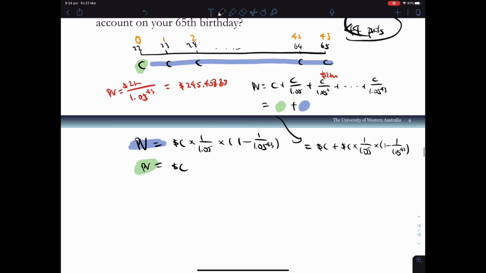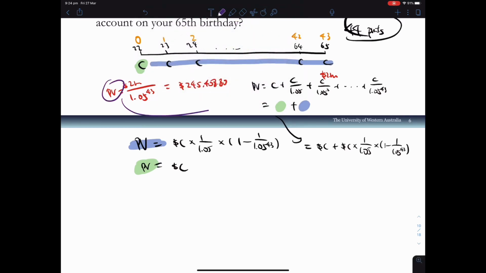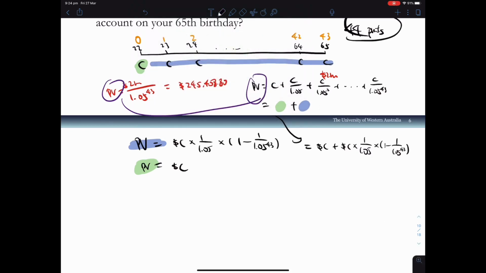And the rest is just to solve for C. So here we have an equation. We have this present value equaling this present value. If you write them together, that becomes 245,408.80 equals C plus C times 1.05 times 1 minus 1.05 to the power of 43.